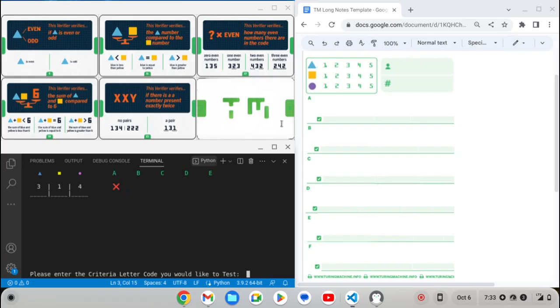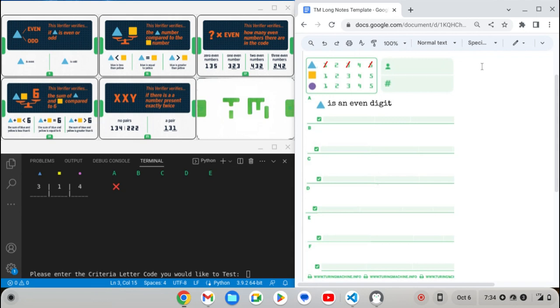So let's go ahead and type that up in our notes in section A. And that again is that triangle is an even digit. And since it is even, let's go ahead and cross out all the odds. So 1, 3, and 5.